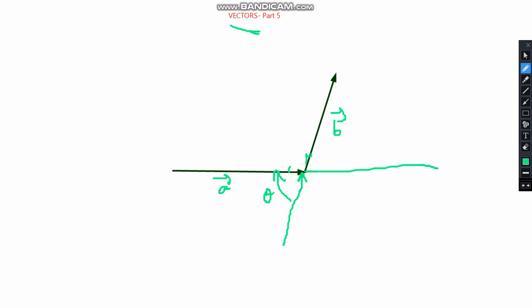If we extend this line, by vertically opposite angles, we can prove that this is the angle. So with this, let's draw another vector from here to here, for the B vector, aligning the components.